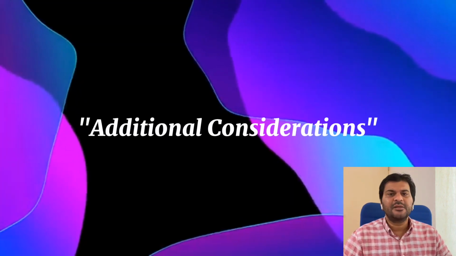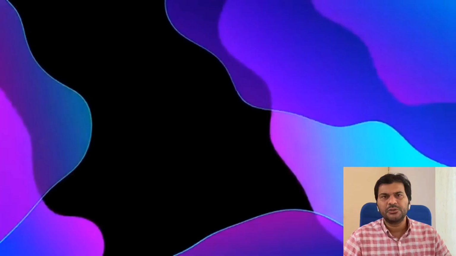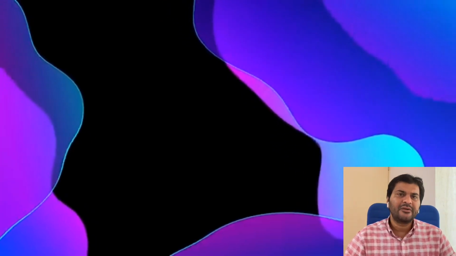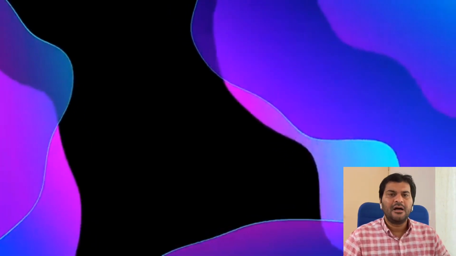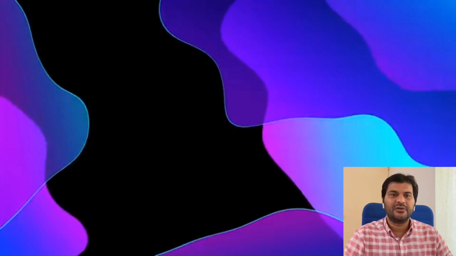Okay, now lastly, let's discuss some additional considerations. It depends on company to company, organization to organization, or team to team, what the additional considerations, points, strategies, or techniques teams can use. From my point of view, data governance is one of them.